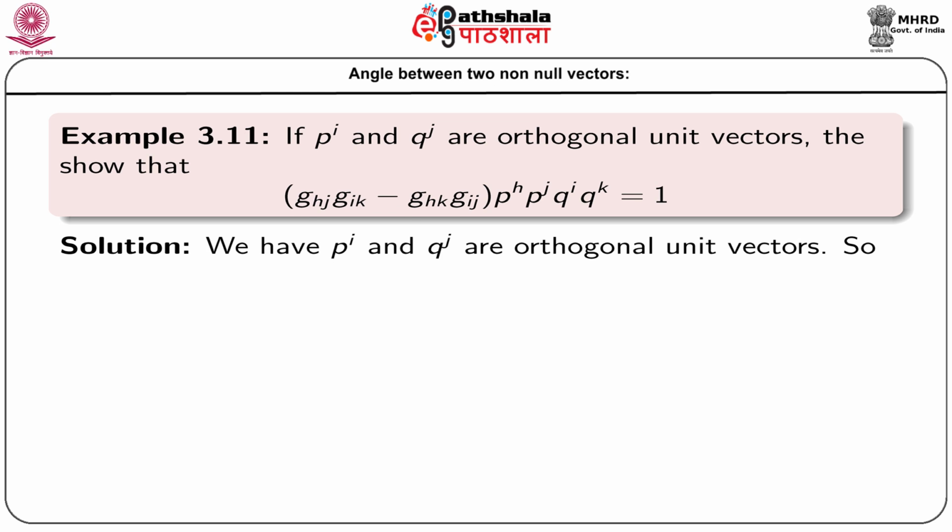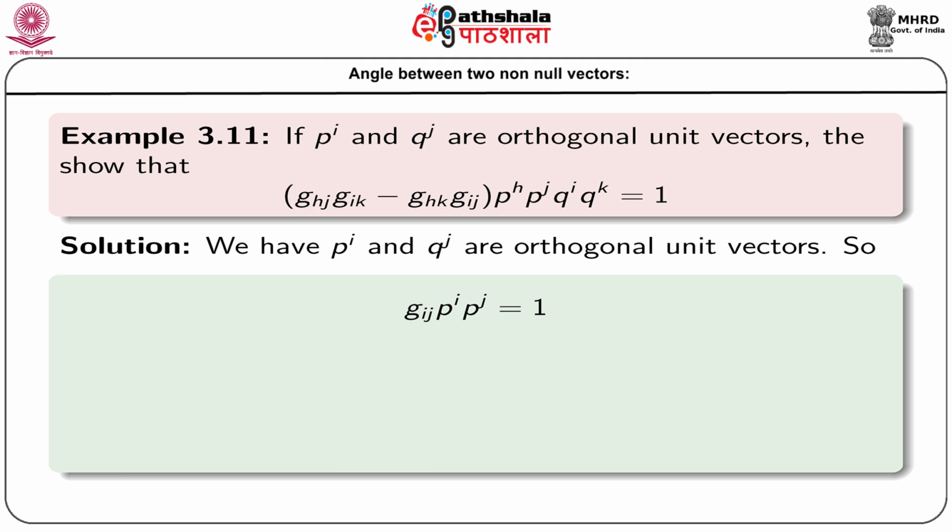Now, as P^i and Q^j are orthogonal unit vectors, we have the relations g_{ij} P^i P^j equals 1, g_{ij} Q^i Q^j equals 1 and g_{ij} P^i Q^j equals 0.